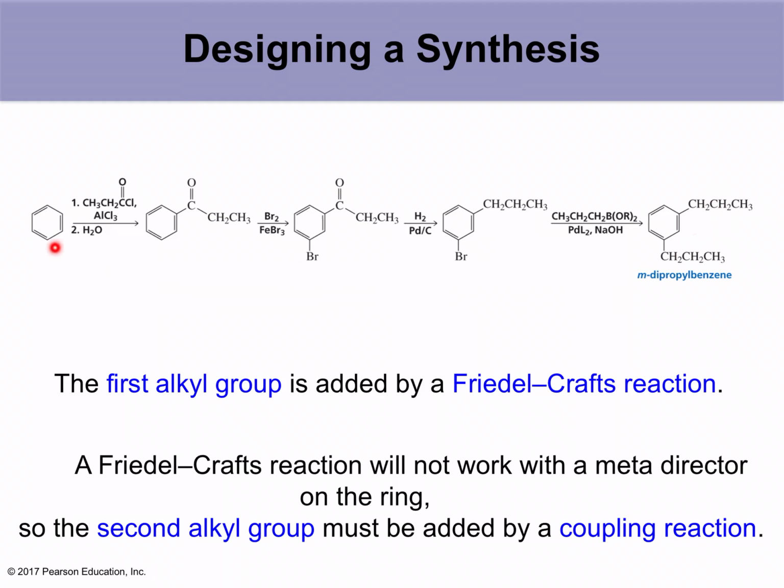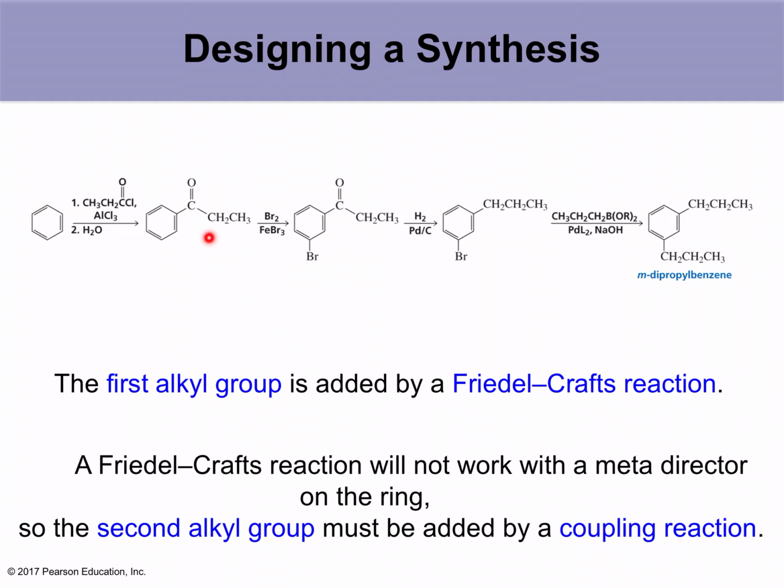First thing, you use the Friedel-Crafts acylation on the benzene ring, starting with propanoyl chloride, because we need 3 carbons, 1, 2, 3. So you use an acyl chloride with 3 carbons, 1, 2, 3. So then you have this compound.